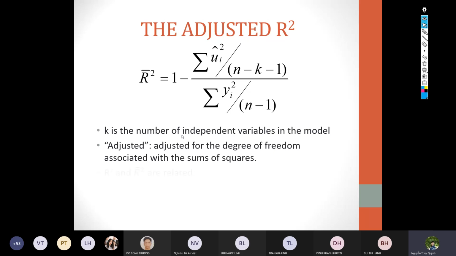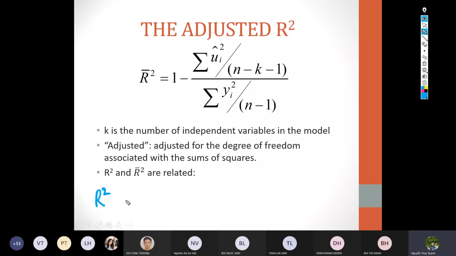Because of the adjustment, we have a relationship between R square and the adjusted R square.